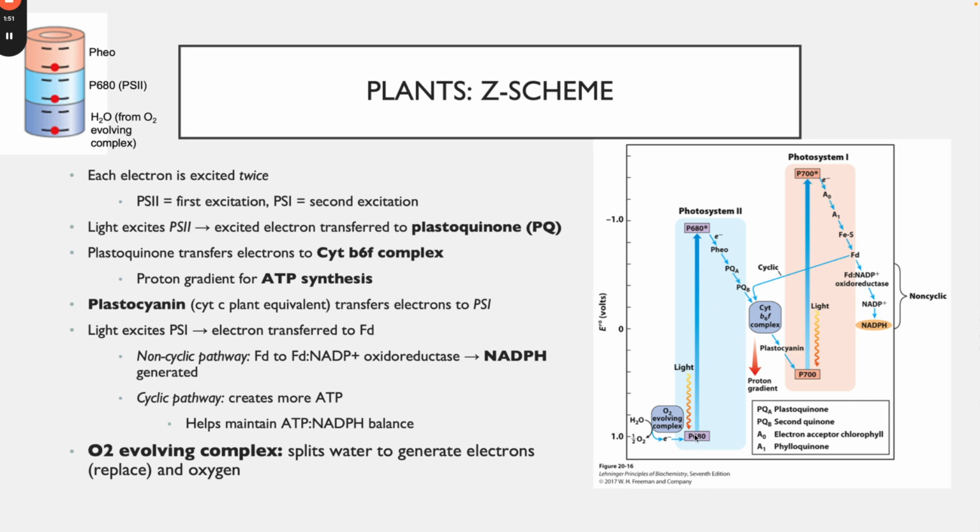So with photosystem 2, P680 gets excited when the wavelength is 680, and then it passes its electrons onto pheophytin. And then from pheophytin, it goes straight to PQA, PQB. It's plastoquinone. You don't really need to know the sub-isoforms, but you can just memorize that there are two. And then what ends up happening is we pass those electrons to the cytochrome b6f complex.